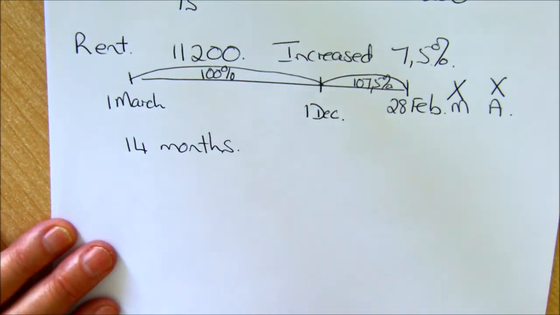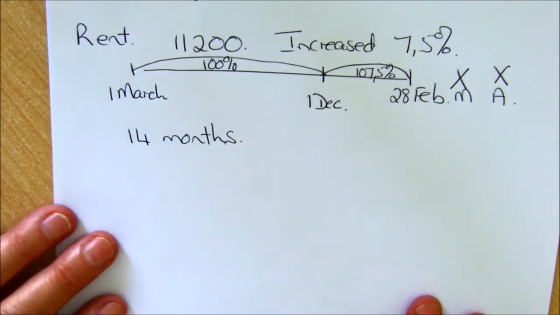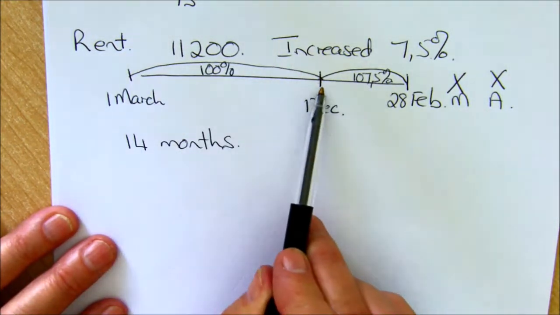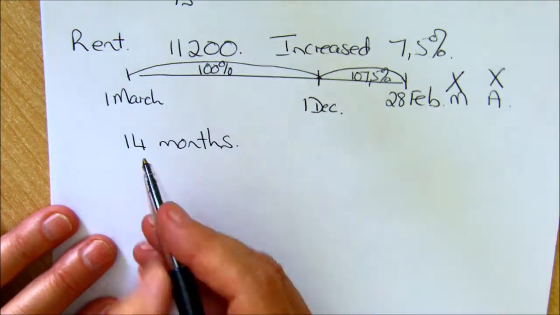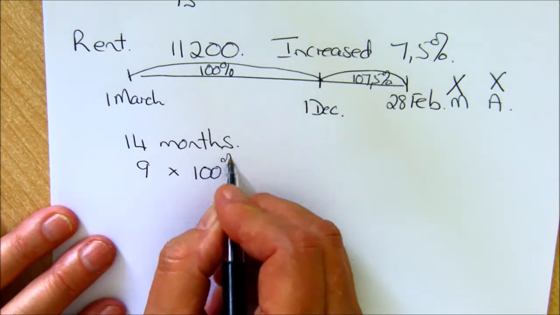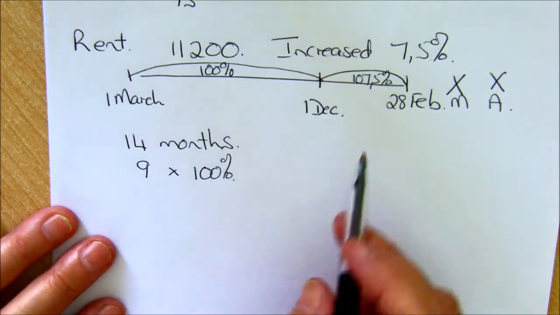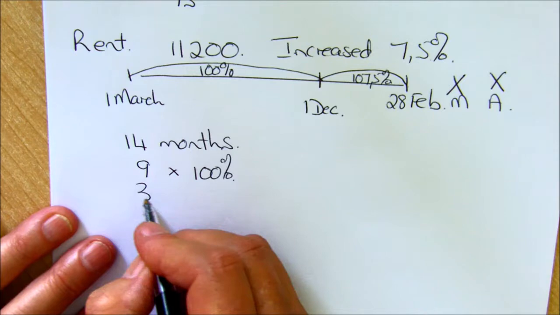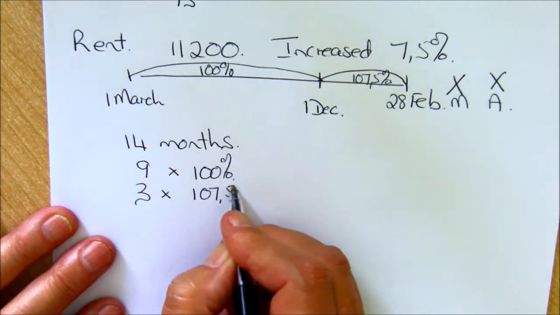So now, the easiest way would be to work out that from the 1st of March till the 1st of December will be 9 months. The rent was 100%. December, January, February, 3 months would be 107.5%.